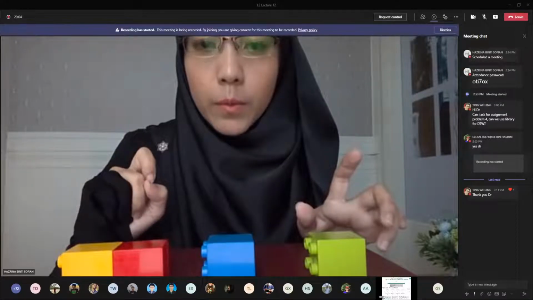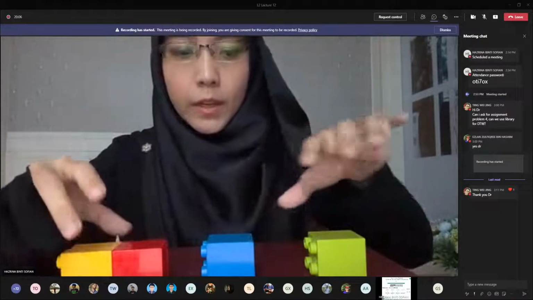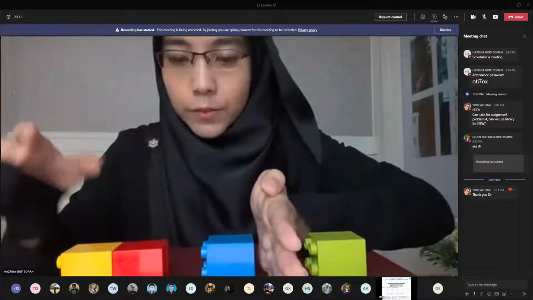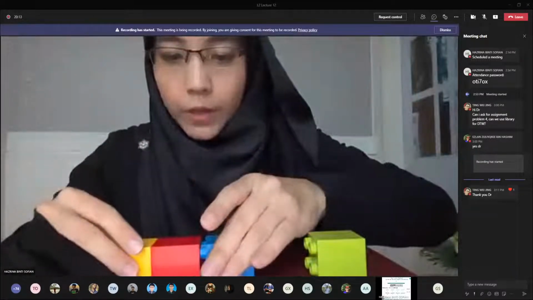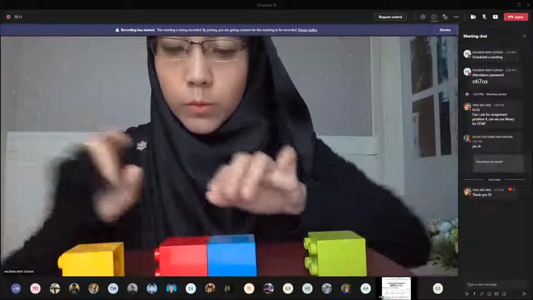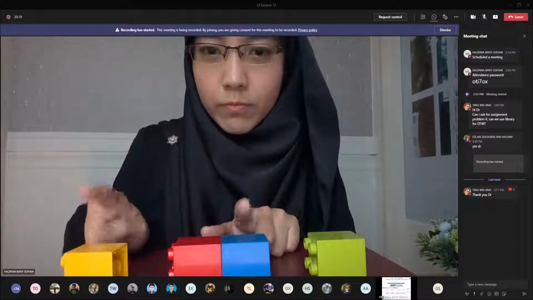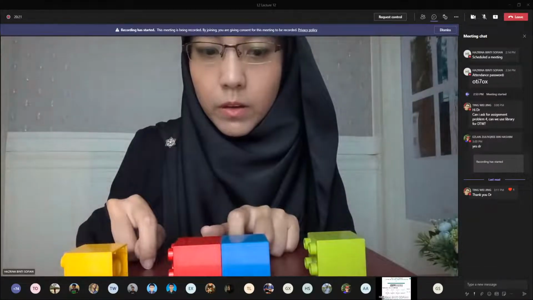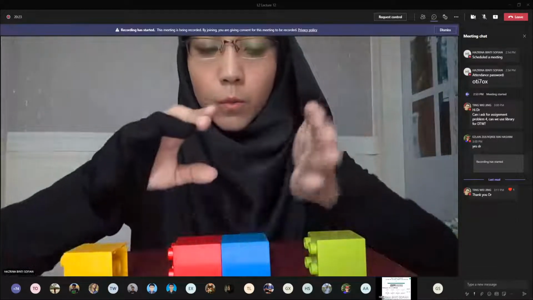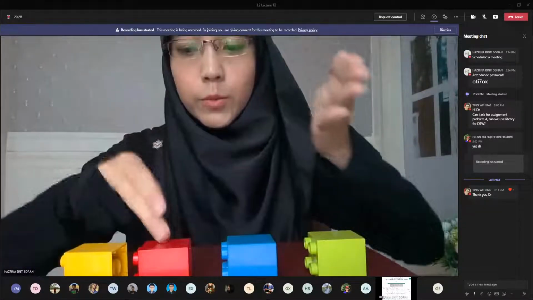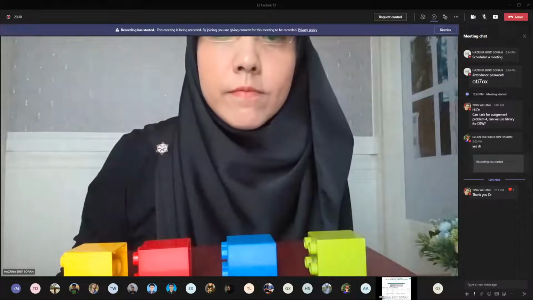Okay, and what else? This is our first cut, and then this one is the recursive function. And so we can have 2 inches and 1 inch. Or when our first cut is here, we can have 1 inch, 1 inch, 1 inch, and 1 inch.